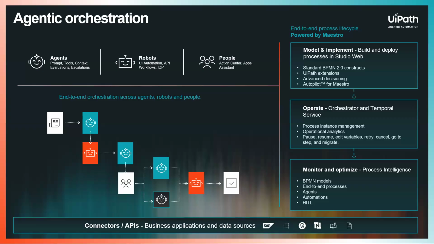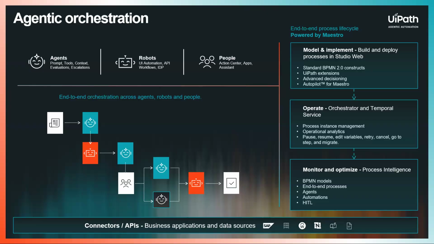Now, when all of these come together, they orchestrate a full process lifecycle, which is powered by Maestro. Maestro is our product for agentic orchestration. Through Maestro, you will be able to first model and implement your agent, where you could build BPMN-based tools using certain notations and constructs with advanced logic in Studio Web.